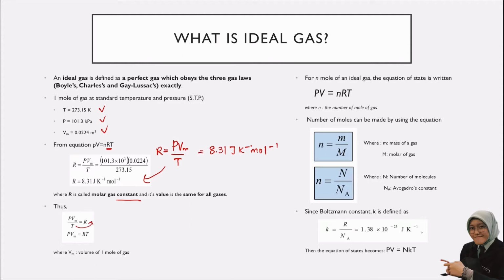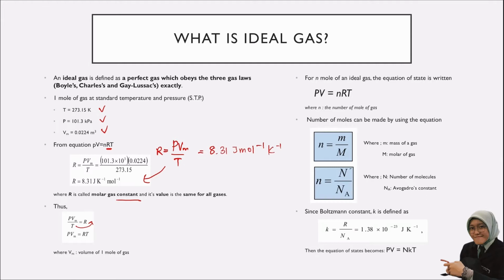So next is, for n mole of an ideal gas, the equation of state is written that PV equals to nRT, where n is the number of mole of gas. So there are two equations that we can use to calculate the number of moles.